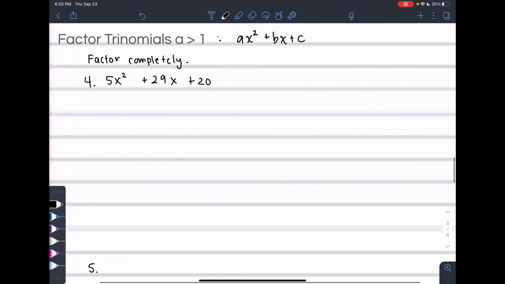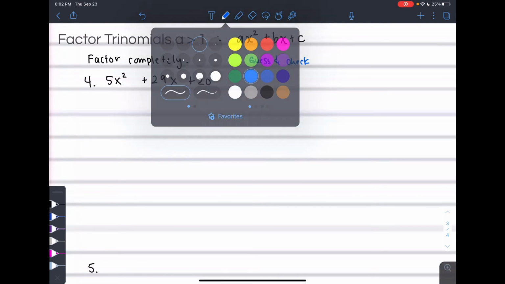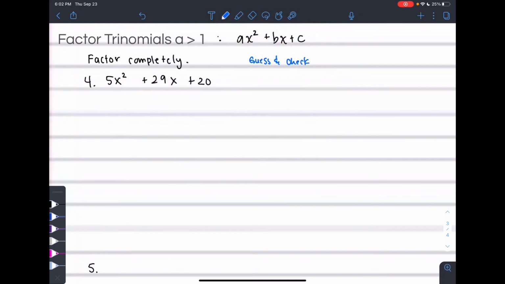So, here we are. The instructions are factor completely. Okay, with this method, we actually have to use guess and check. I know it can be challenging, especially if your mental math skills aren't the strongest, but yeah, I think we can definitely do it.